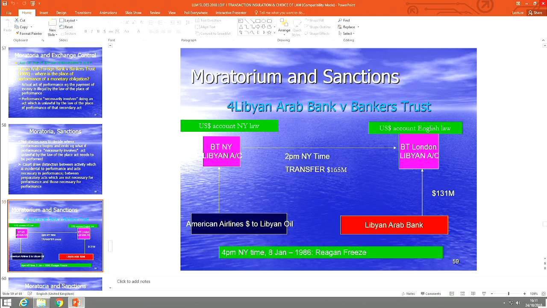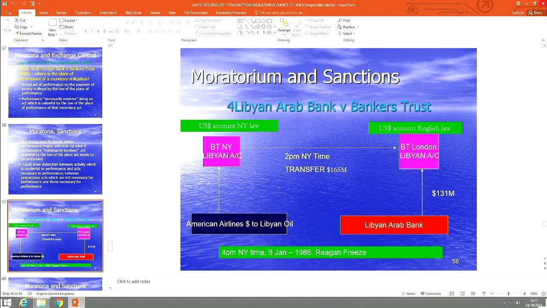That account, which is the US dollar account, was governed by New York law. But at 2 p.m. every day, absolutely every day, all funds lying in this account had to be transferred out of New York to London, to an account of Bankers Trust held in London.